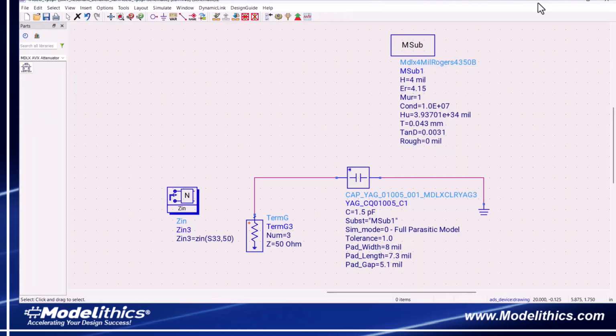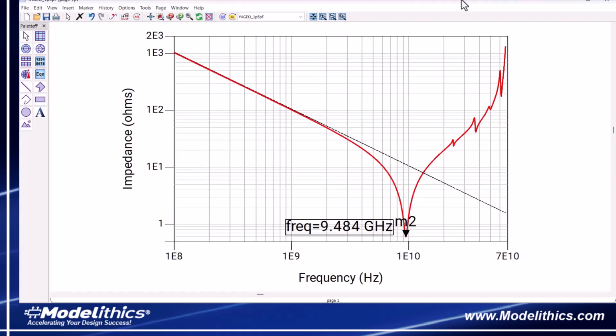Let's now simulate the Modelithics model for the Yageo 1.5 picofarad CQ0100 capacitor. The red trace here shows the simulated impedance. Again, for comparison, the black trace represents the impedance of the ideal 1.5 picofarad capacitor.